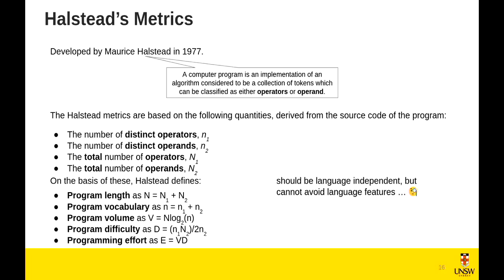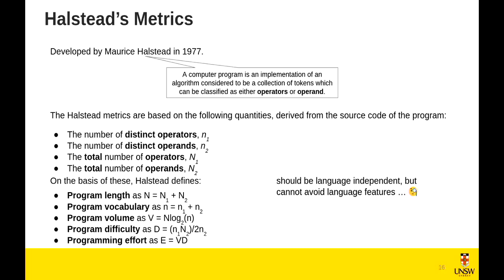Halstead's metrics should be program independent, because if we convert everything into assembly code, we can view the program as operators and operands. But for higher level programming languages, there are some language features we should consider.